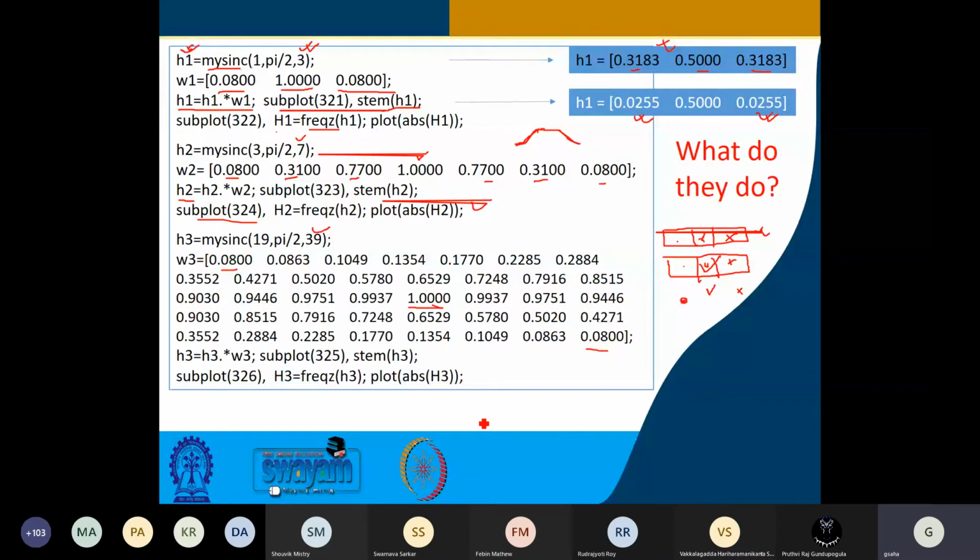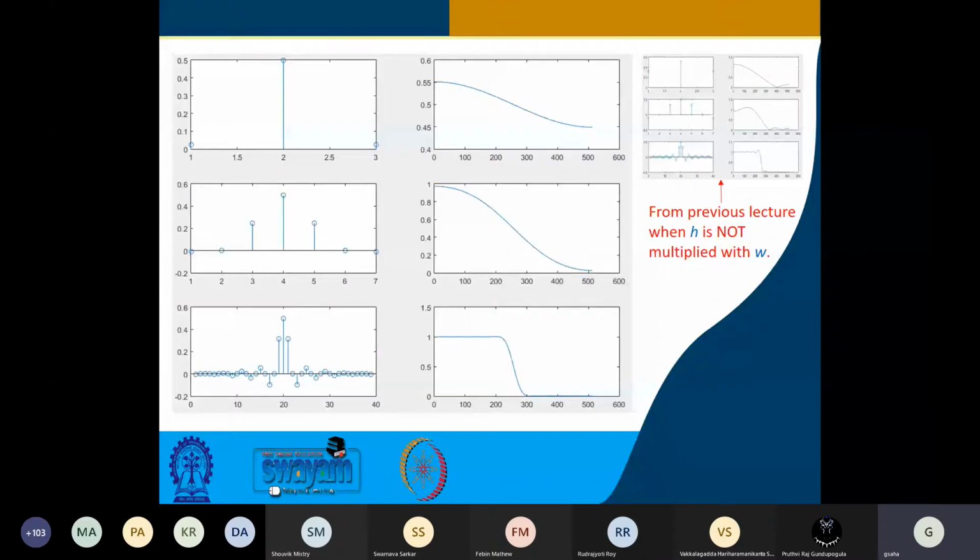Okay, and this is the modified version. So this is a filter you have designed for different orders, where the filter coefficients are given different kinds of weightage, and we'd like to see how this filter looks.